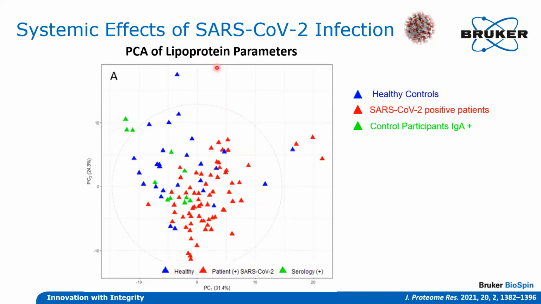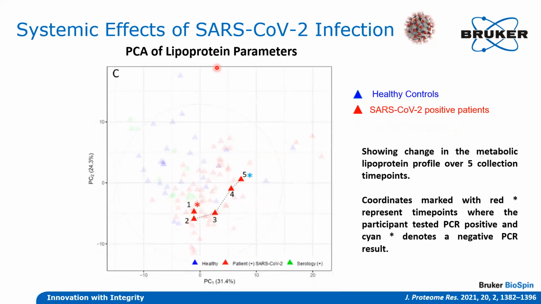This is one of the samples that we collected. They collected from the same patient, but at different time points. Here is the lipoprotein profile over 5 collection time points for the same patient.